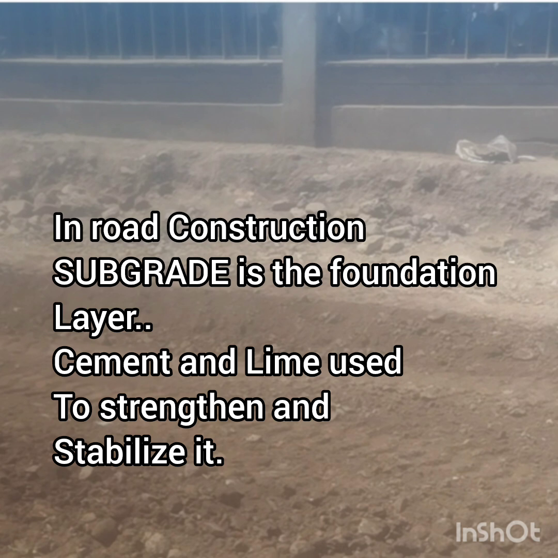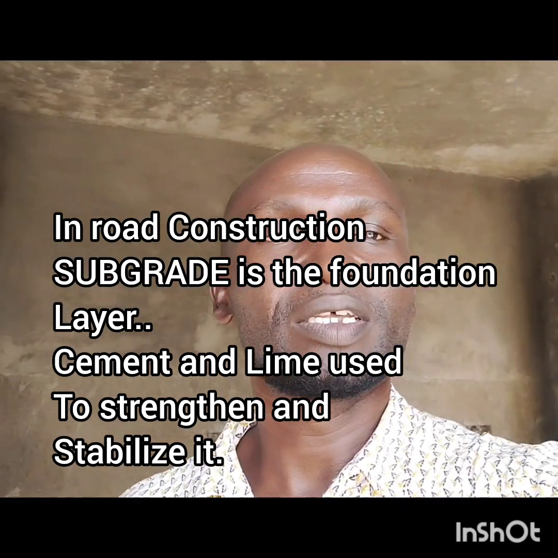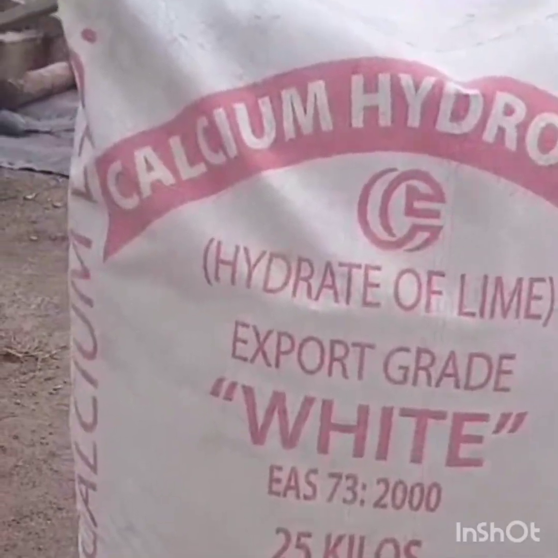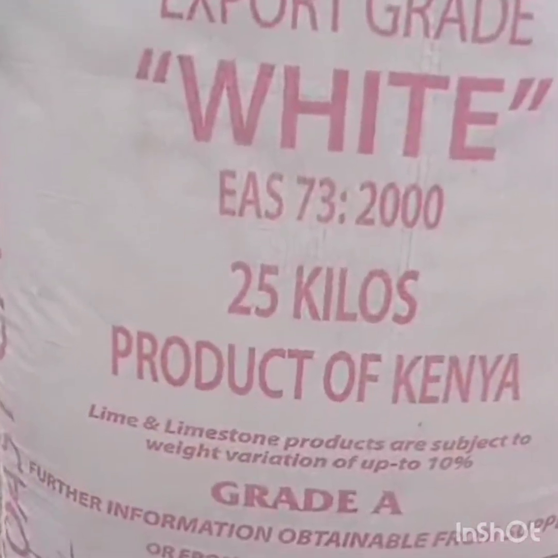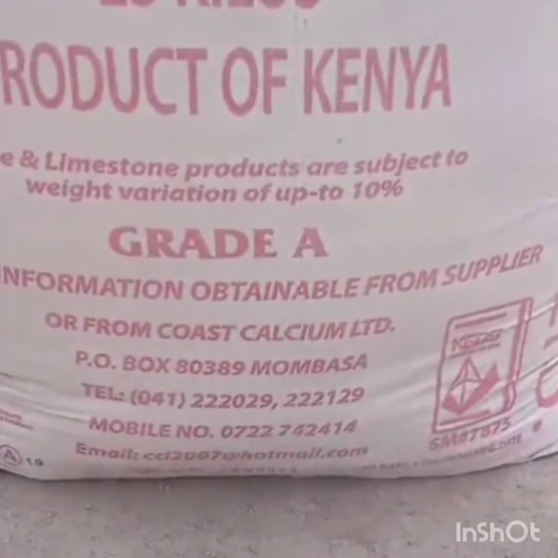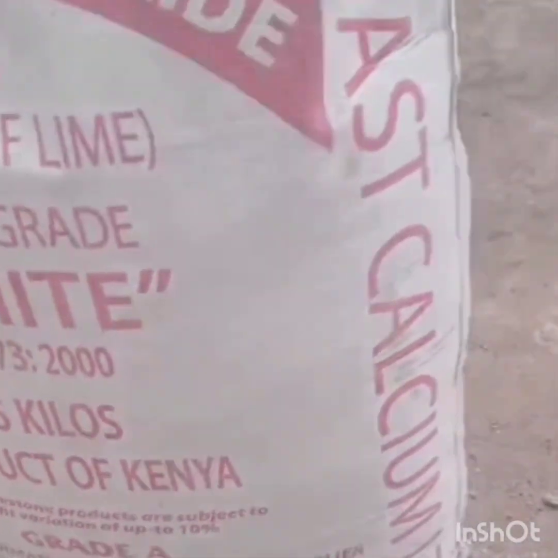The road has a foundation, normally called the subgrade. This had a purpose: the cement is to strengthen the soil, and the lime is used to stabilize the mud in the sand, or rather the mud element.